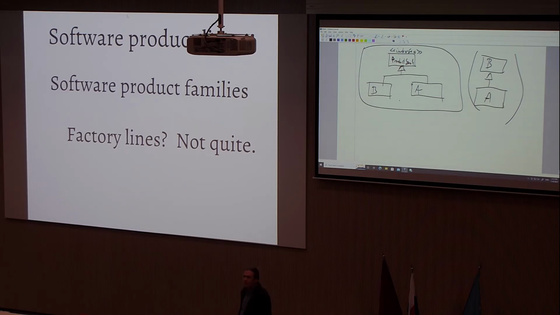Maybe this is not quite strictly a line, because you have one product and then another product which is related to it, and then another one is related to this one, but these two are not that much related, so it starts to look like a tree structure, something like a feature diagram.